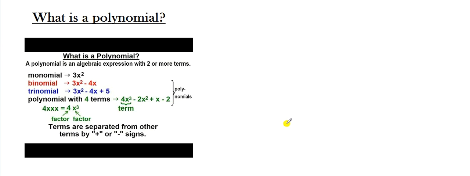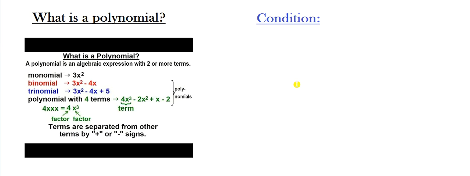Now there is a very important condition for any expression to be a polynomial. Now what is the condition? The condition is that the power of any of the variable cannot be a fraction or negative.